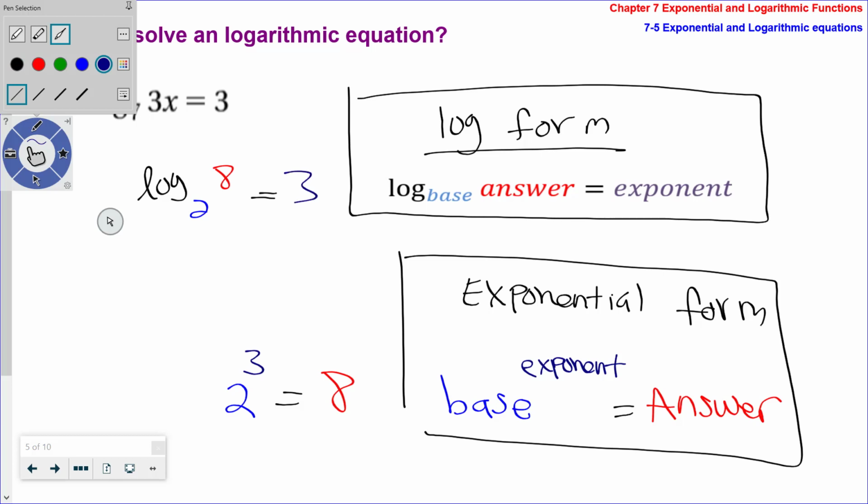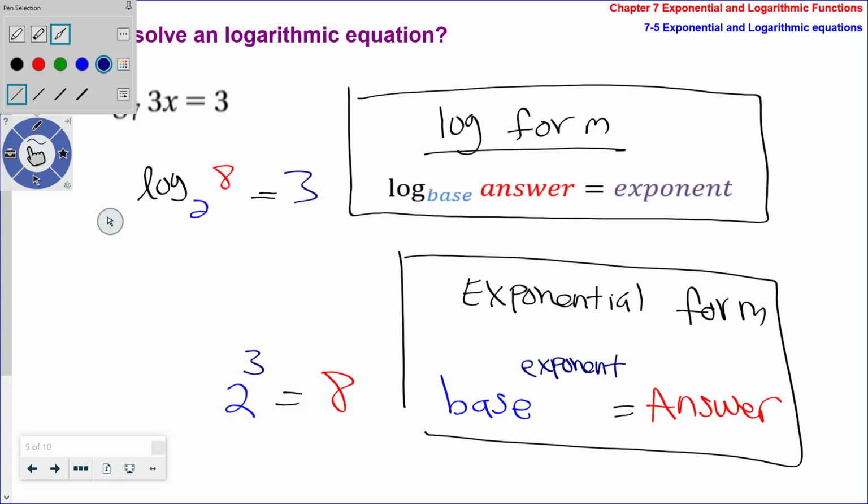Exponential form, 2 to the third power equals 8. Do you see how these two forms are related? Hopefully you wrote that down. Hopefully the colors could help you solidify what's going on the board.